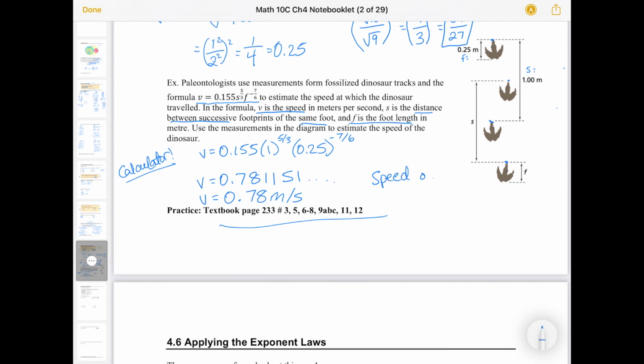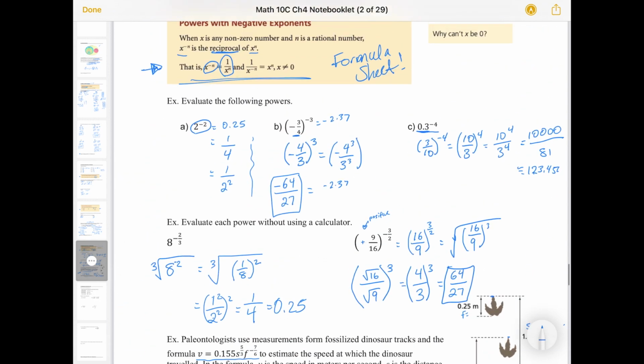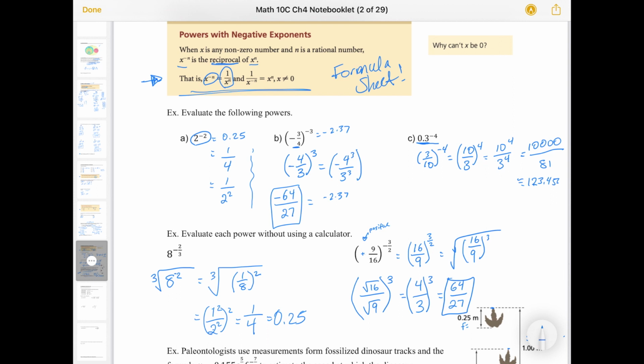Speed of dinosaur is approximately 0.78 meters per second. All right, and that's it. So again, you have this law on your formula sheet, so make sure you are using that. You just need to know how and when to apply it.